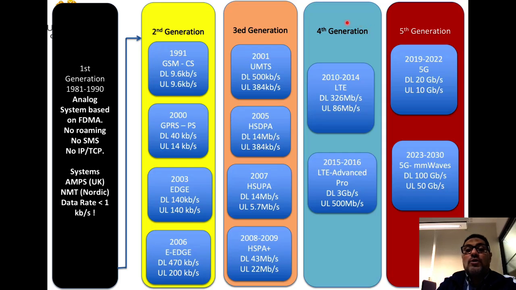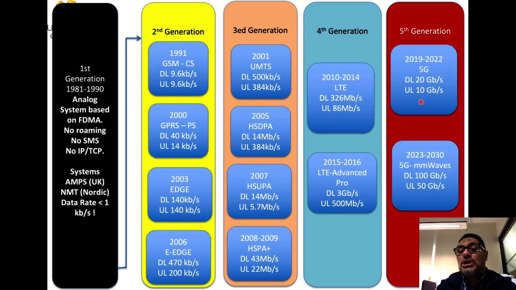And then the fourth generation started by 2010, and it was able to achieve up to 500 megabit per second in the uplink and 3 gigabit per second per sector in the downlink until 2016.